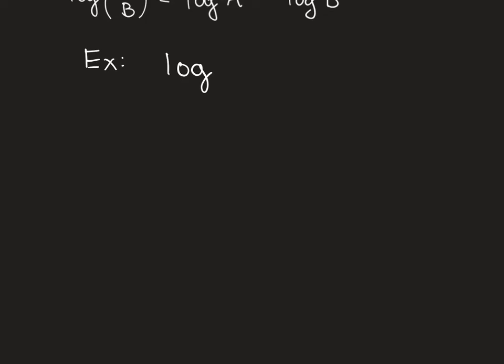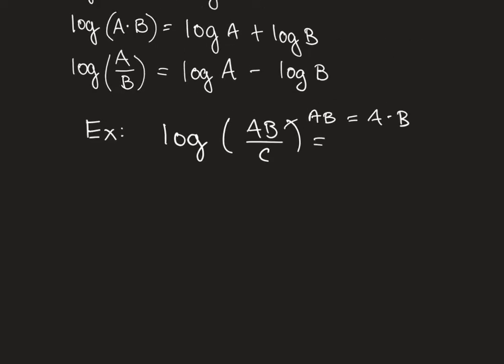Log of AB over C, which you're going to get, right? AB means A times B, right? So that's multiplication.